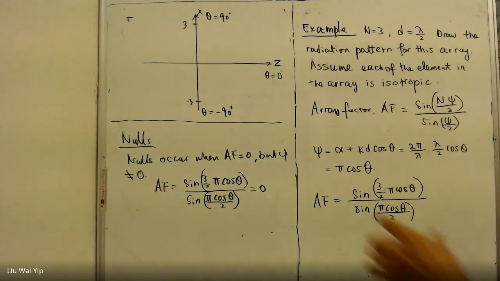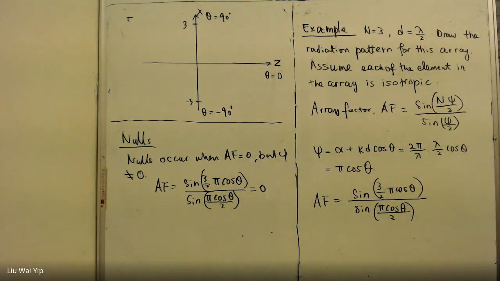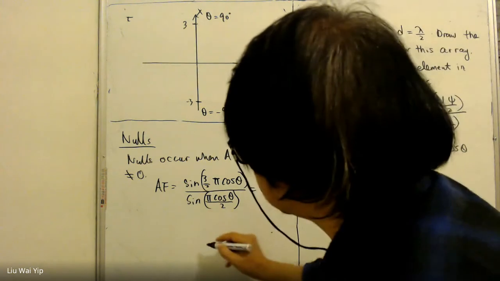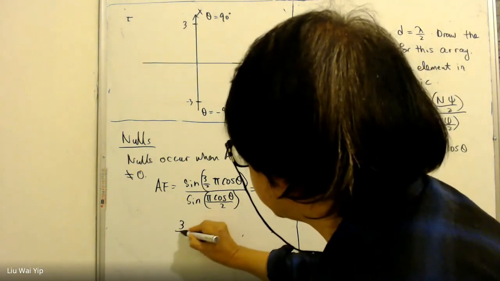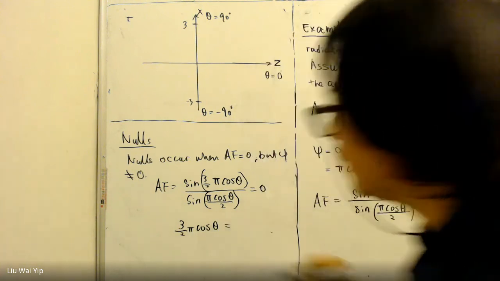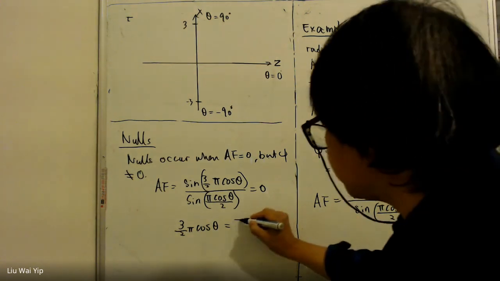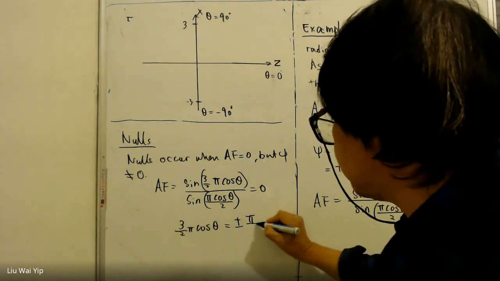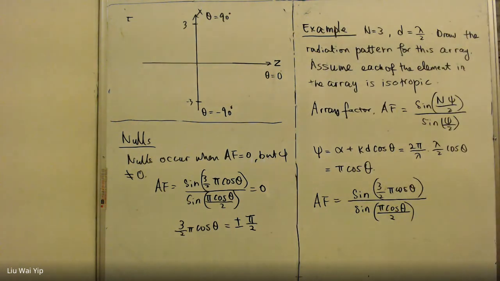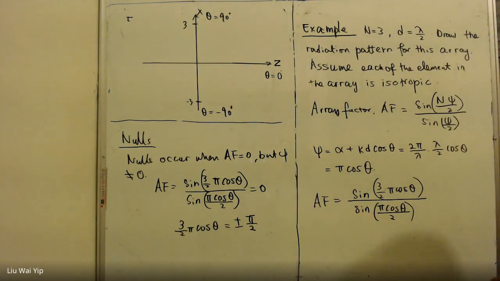So based on this function, the only way that you will end up with 0 is for this value being equal to plus or minus pi over 2. And if we continue to resolve it, we have to resolve this equation separately.